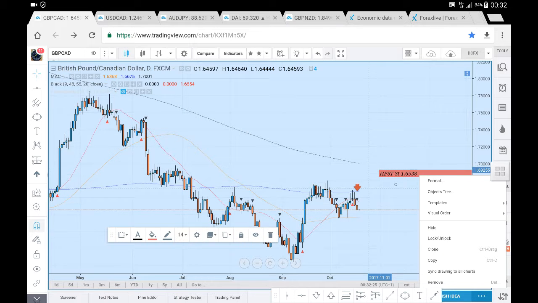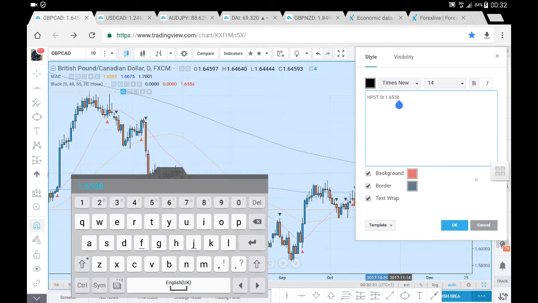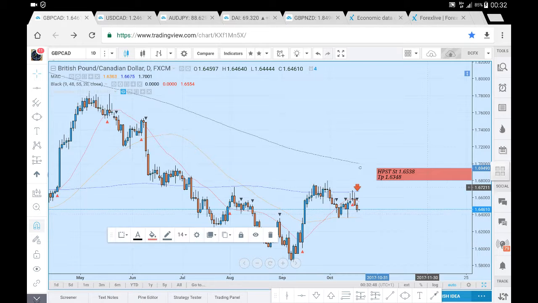So again, we're looking at our potential take profit. The first take profit would potentially be, was it 163.48 or something? Let's just say 163.48.